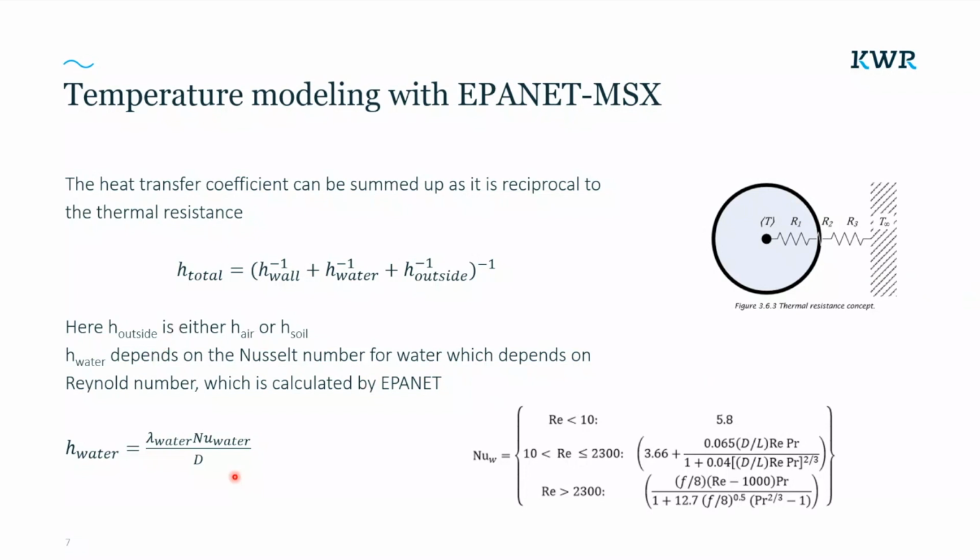And in this case, of course, the heat transfer coefficient for outside is either the heat transfer coefficient for the air or for the soil, depending where the pipe is located. The heat transfer coefficient for water depends on the Nusselt number for water, and that in itself again depends on the Reynolds number, which is calculated by EPANET. Formulas for that are shown here. So that's something that EPANET gives us.